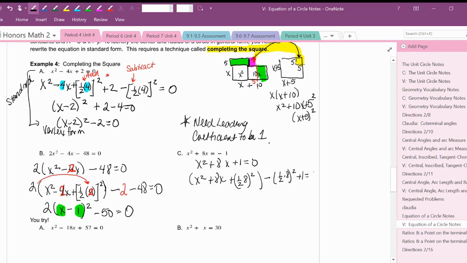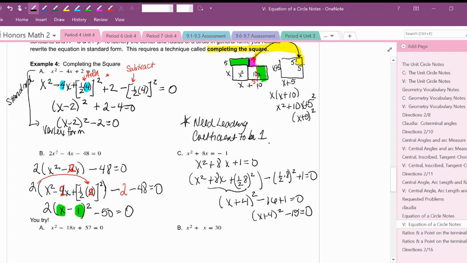We rewrite this as a perfect square binomial. This time we're adding x plus 4 minus 16, plus 1, equals 0. So this would be x plus 4 quantity squared minus 15 equals 0.